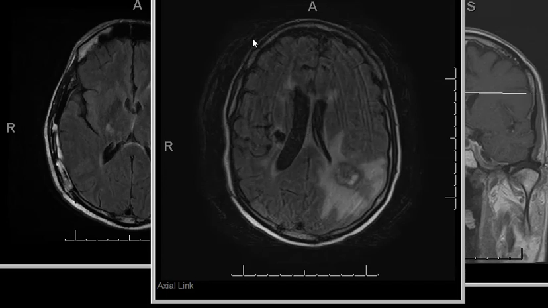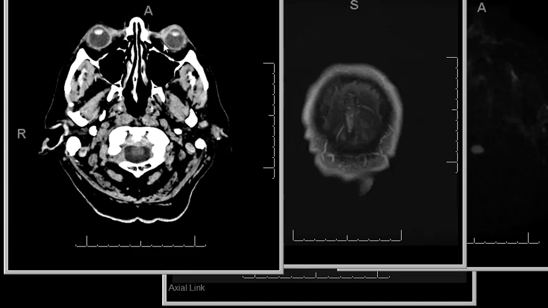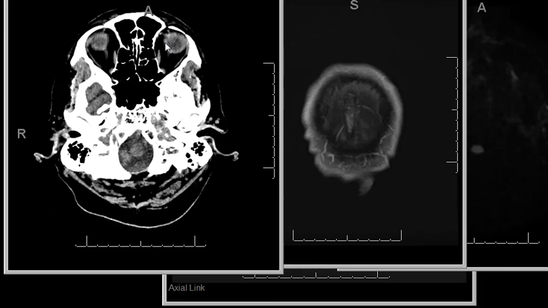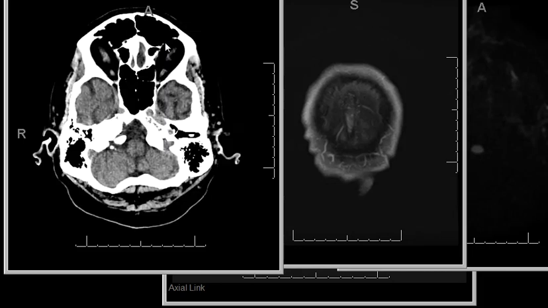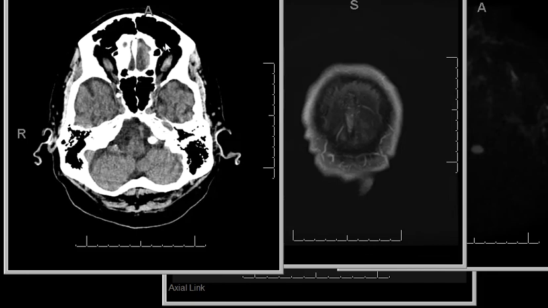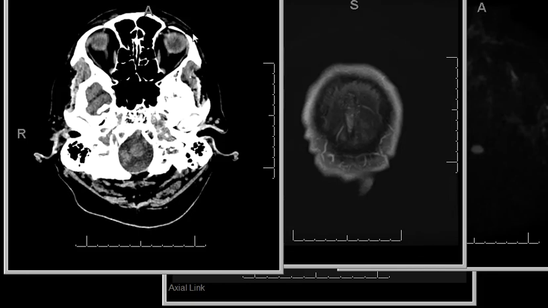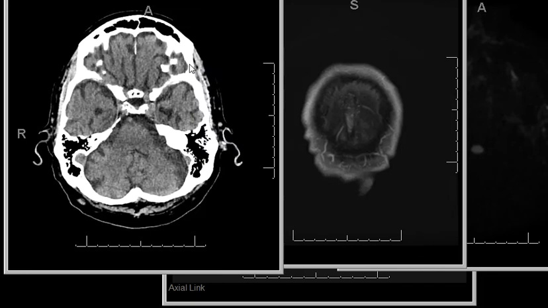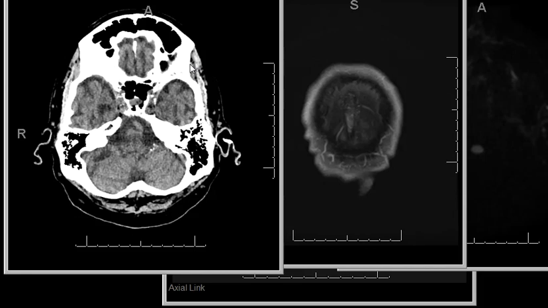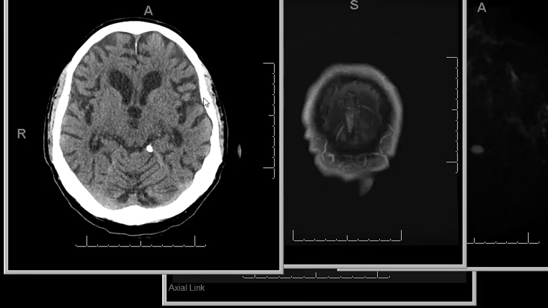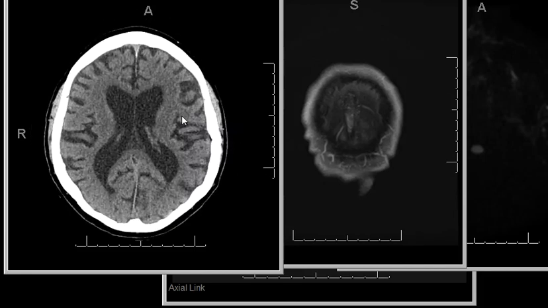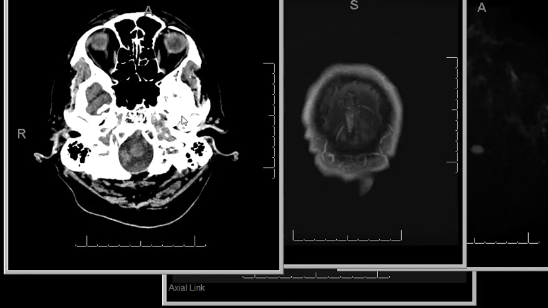Just an interesting case. Another interesting case was an 84-year-old with a history of CVA, presenting with headache. The images just showed general atrophy. The CT was very hard to call anything.